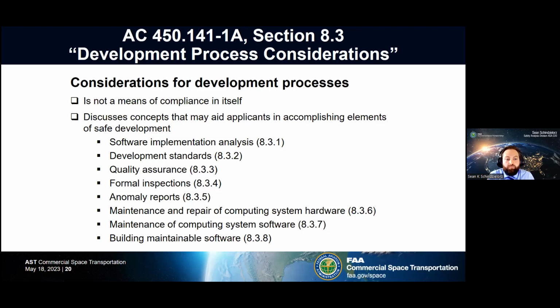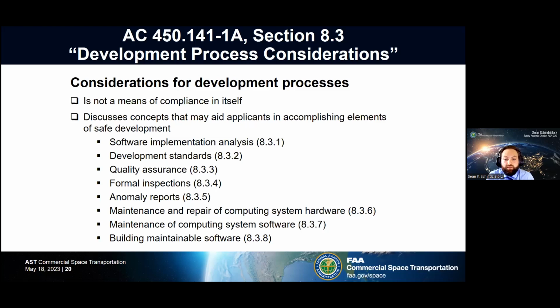The last part of the advisory circular I'm going to talk about, section 8.3, doesn't relate to a specific 141 requirement. Instead, it provides a set of processes and practices that support the accomplishment of other development process requirements. This is intended to be a set of tools, notes, and concepts that may help in accomplishing the goal of safe software development.